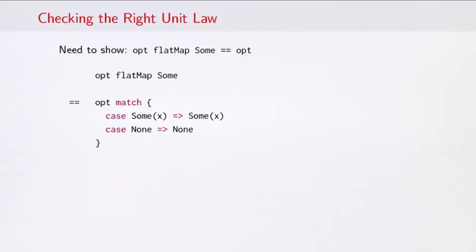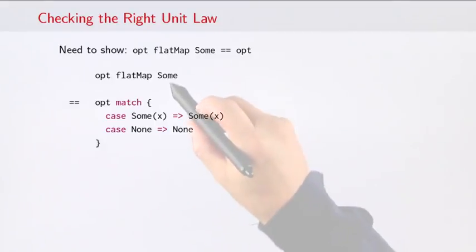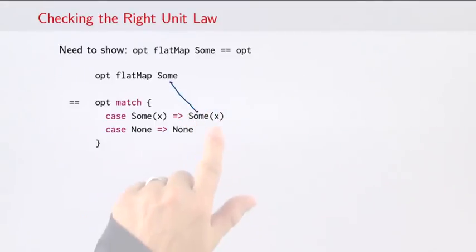We expand what flatMap means, so we again have this pattern match which says, if it's Some(x), then return, now our function f is Some, so the function f gets inserted here, so we return Some(x), and if it's None, then we return None. And that again simplifies to just opt, because in each of the two branches of the pattern match, we return exactly the thing that we started with. So the right unit law holds also.